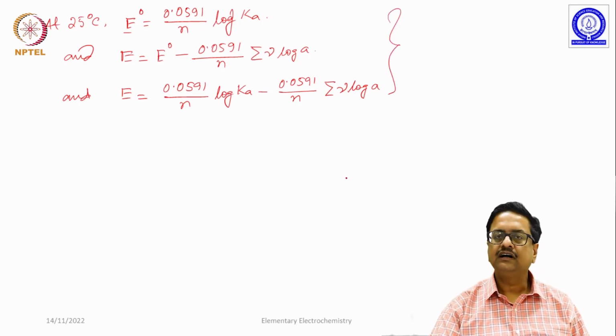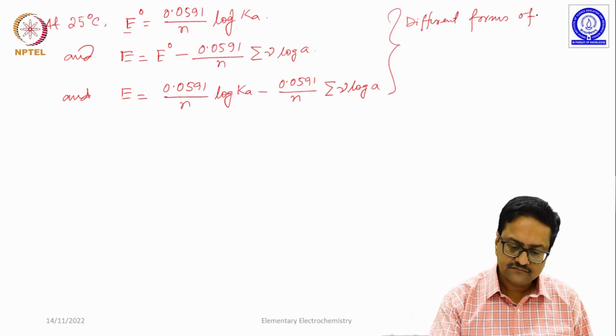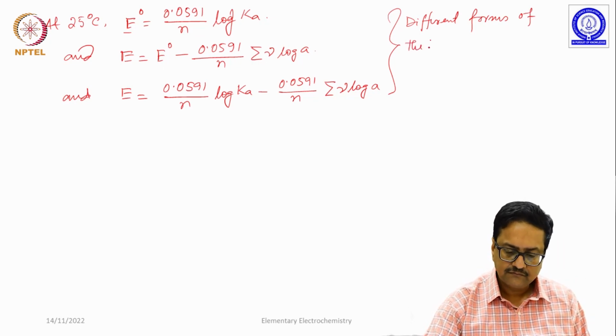All these are different forms of the Nernst equation.